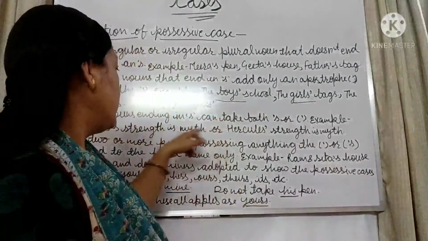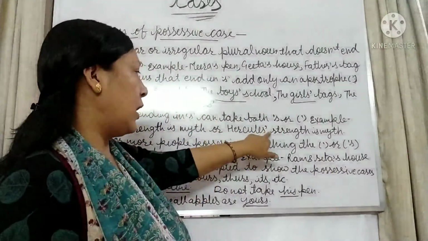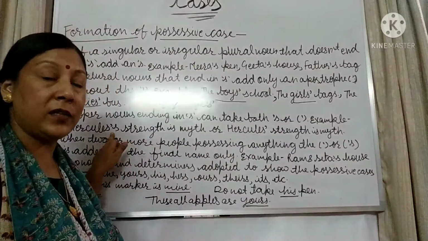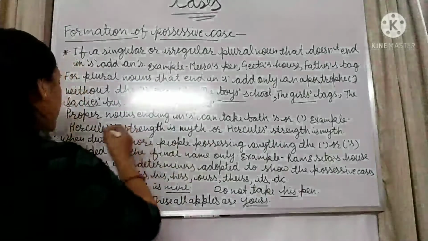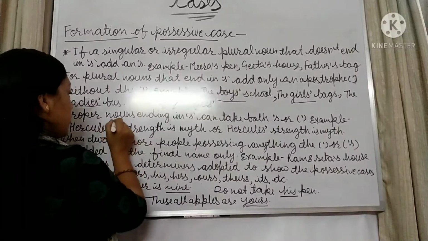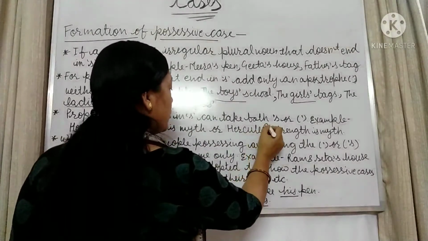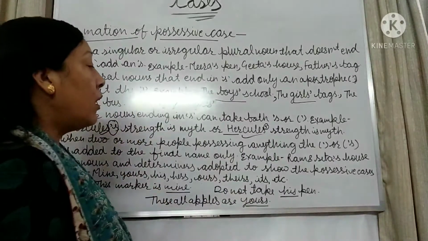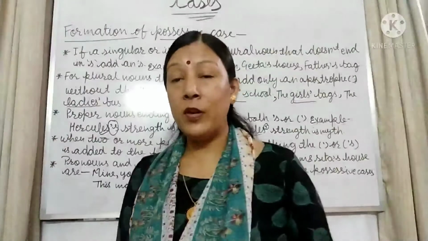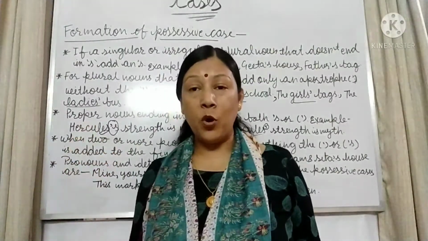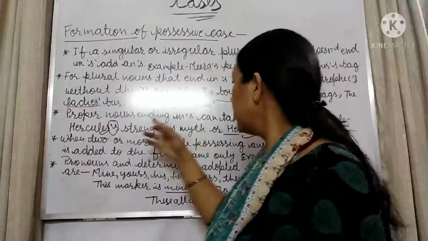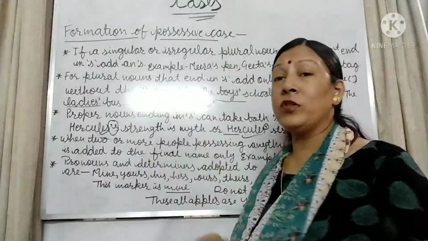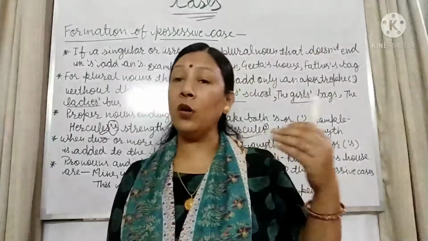Like here, Hercules' and Hercules's. Both will be correct. You can use apostrophe s or just an apostrophe, because this is the rule: whenever a proper noun ends with s, we can use either apostrophe s or apostrophe.